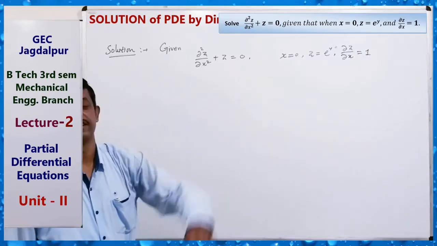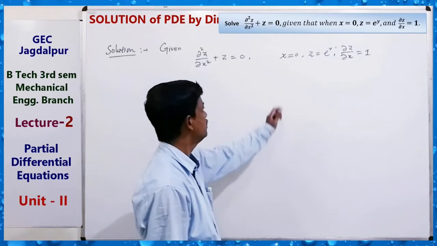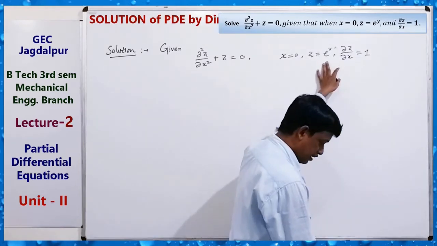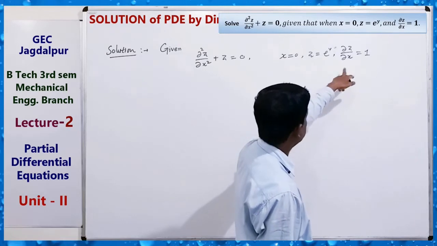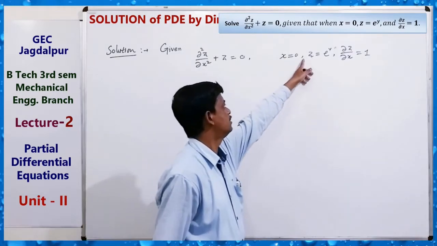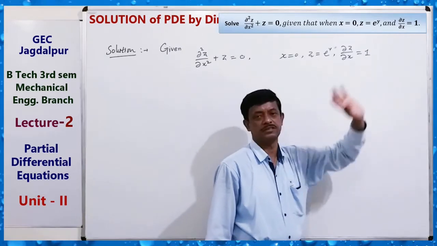This is given in the equation. The condition is x equal to 0, then z equal to e to the power y, and del z by del x is 1. For x equal to 0, z is this and del z by del x is this.